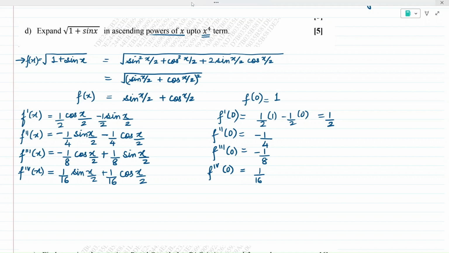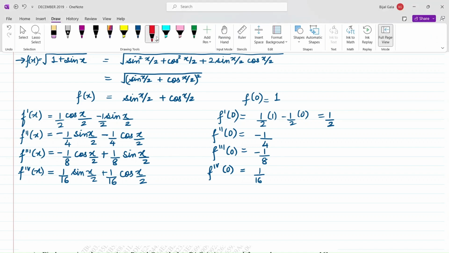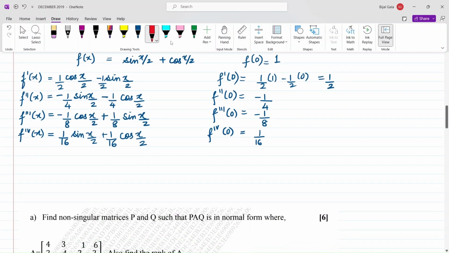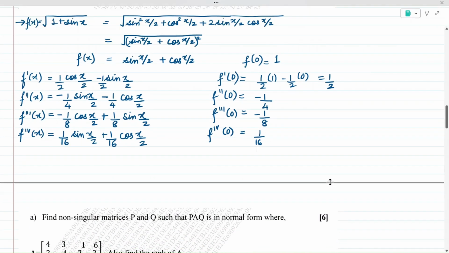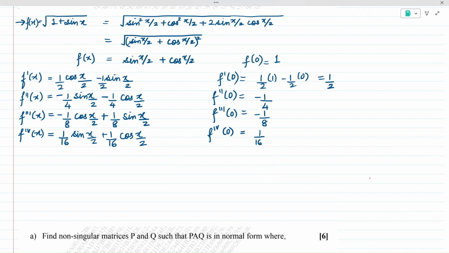Now let's apply the formula of Maclaurin series. Always make it a habit to write the formula, okay? Because formulae do carry marks. So don't forget to write the formula and mention which formula you're using. So I'm using Maclaurin series.